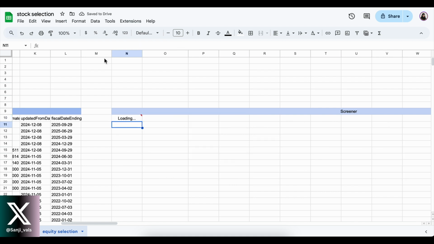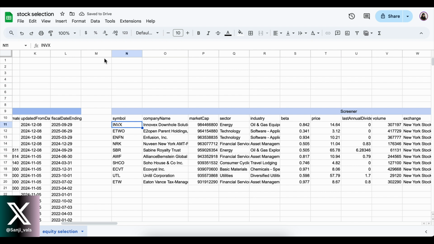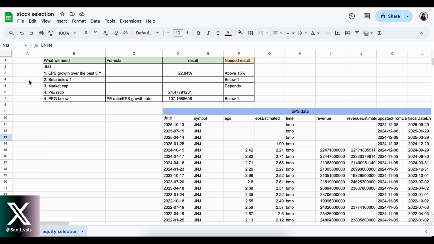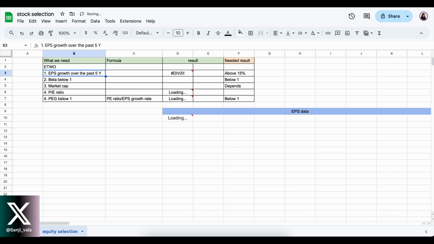And now it will extract you stocks with market cap lower than 1 billion. As you can see, higher beta, but you can still search for something with smaller beta. Let's say this share. It shows its market cap. Just copy it and paste into our table.